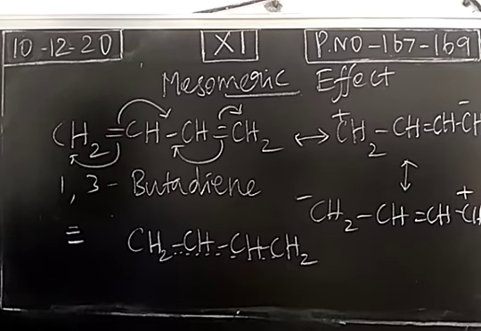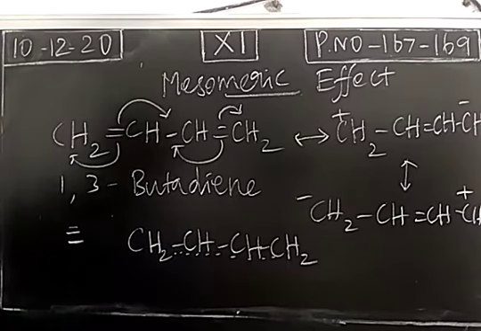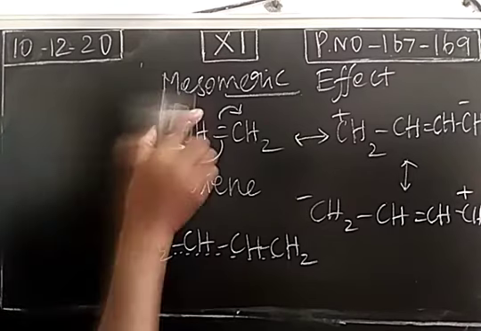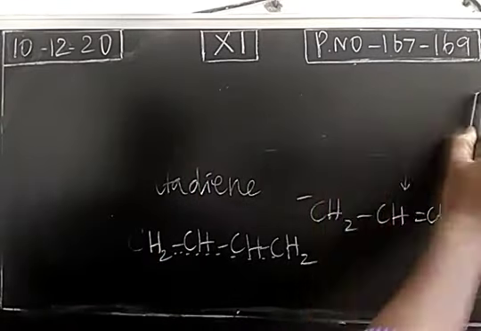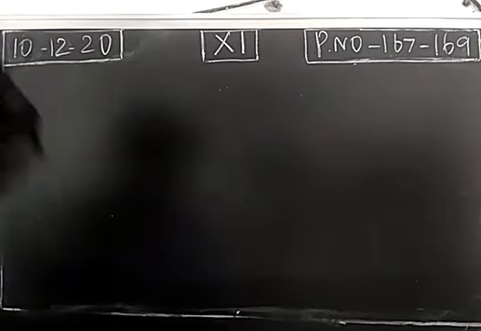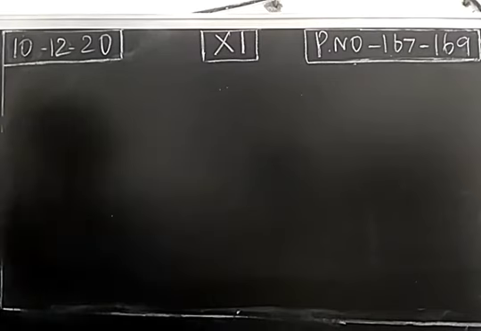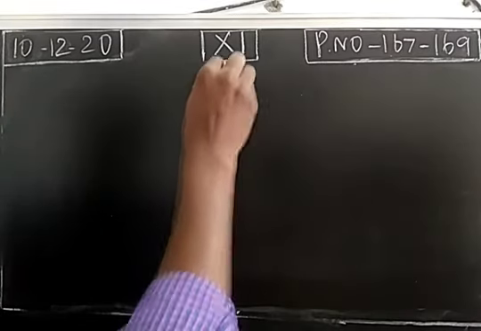Then, like the inductive and electromeric effects, the mesomeric effect is also of two types. Number one, positive mesomeric effect, plus M. Negative mesomeric effect, minus M effect. Take positive mesomeric effect.